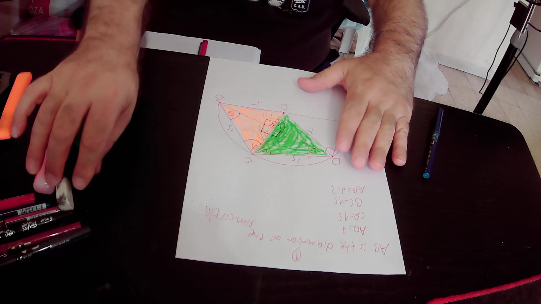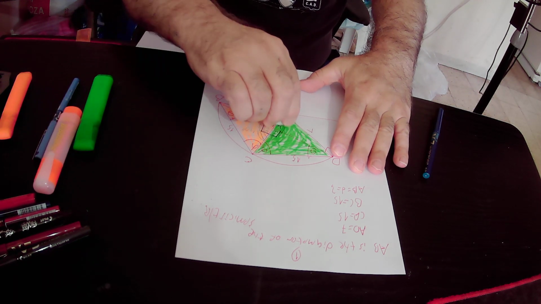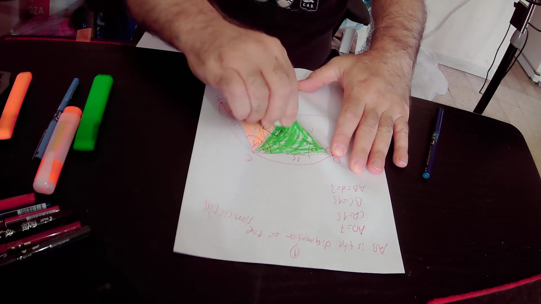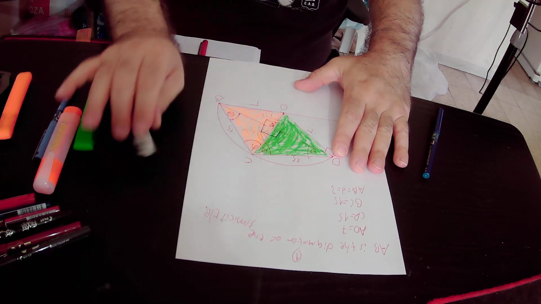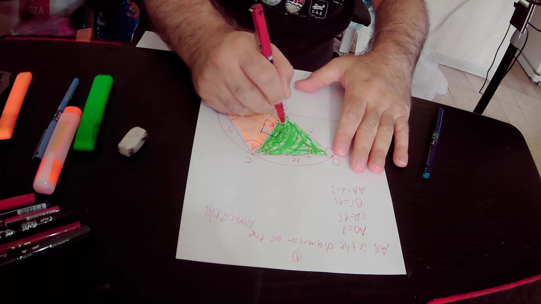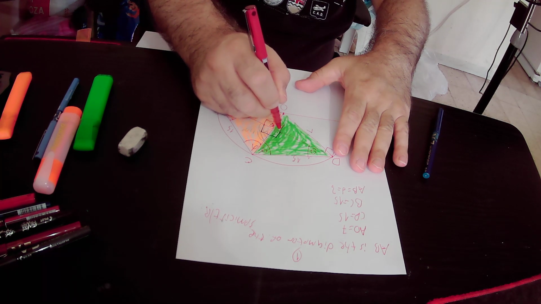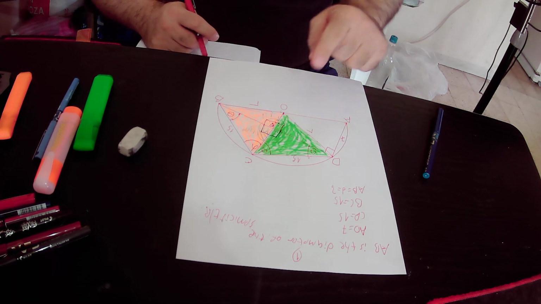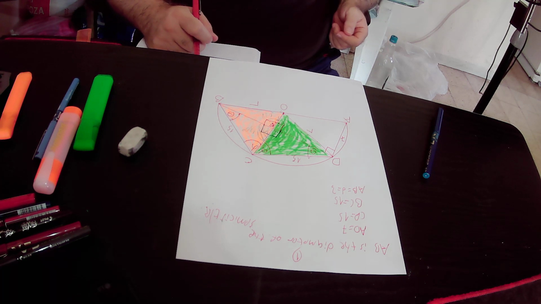Here we can substitute Y by 90 degrees. So we found out that all four angles around point E are right angles.